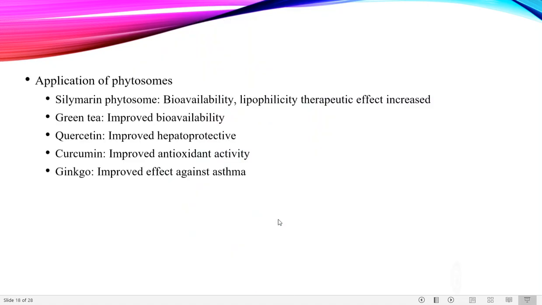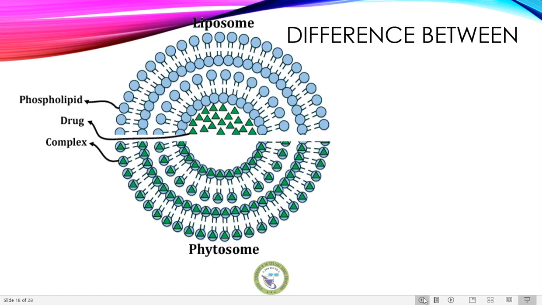So this is the greatest difference between phytosome and liposome. In this diagram a bilayer is shown, but you can also draw a single layer of the lipid, with hydrophilic head and lipophilic tail.